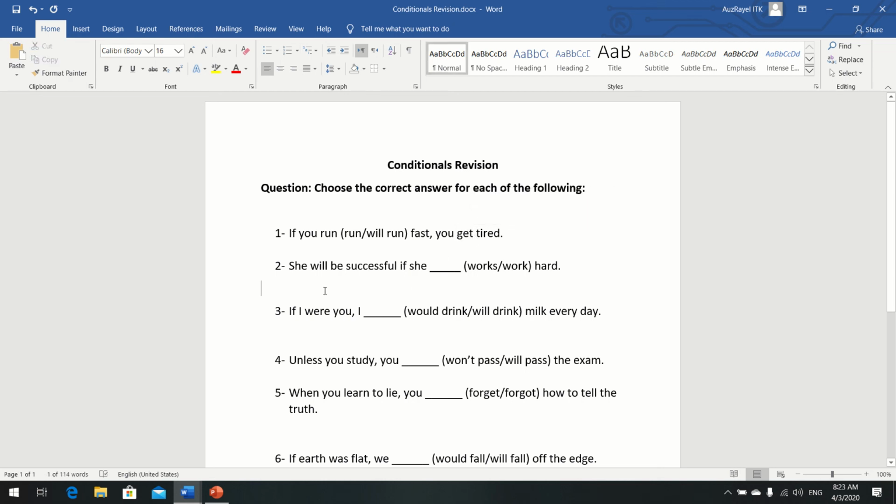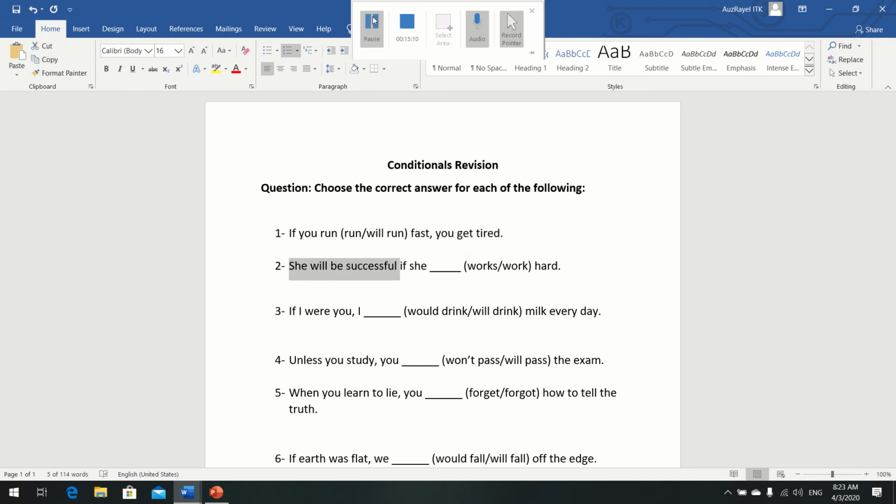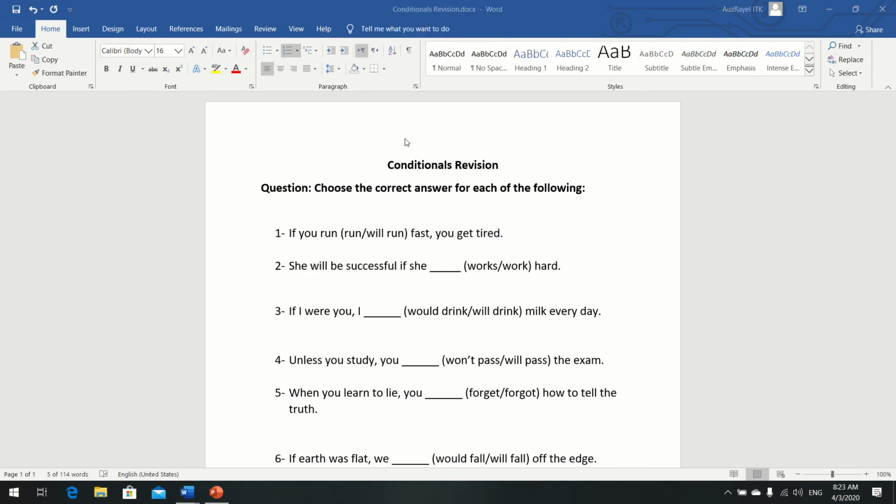The second sentence says, she will be successful if she works hard. Okay, so will be, this is actually not the if clause, it is the result clause. So we have the result clause at the beginning, and the result clause has will plus verb 1. Here we have will.